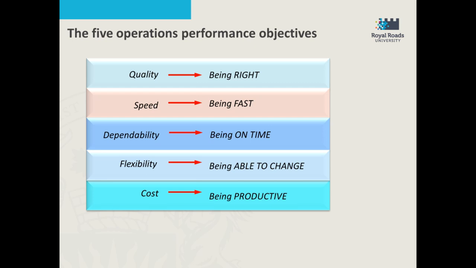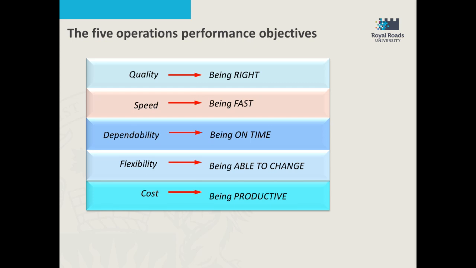It could be the taste of the pizza. That's different from quality in a local cafeteria. That's different from the way we understand quality in education. So each of these performance objectives will have different meanings, depending on the process that you are analyzing.